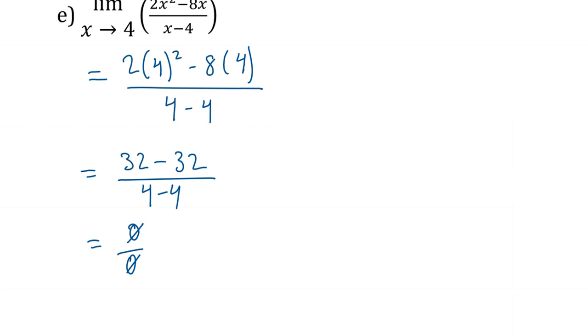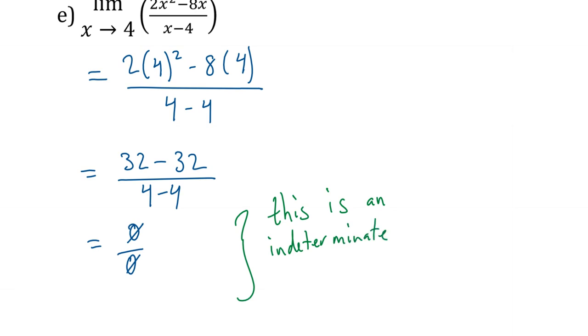And this is a big takeaway from today, because we call this an indeterminate limit. It means we don't know. Indeterminate means we don't know yet. It might exist or it might not.